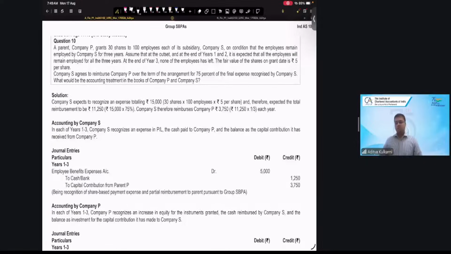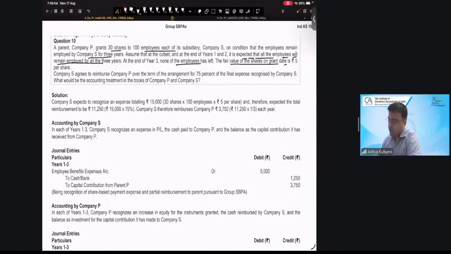All right. So we run through this. A parent company P grants 30 shares to 100 employees of its subsidiary, company S, on condition that employees remain employed by S for 3 years. Assume that at the outset, at the end of years 1 and 2, it is expected that all the employees will remain employed for all the 3 years. At the end of year 3, none of the employees left.